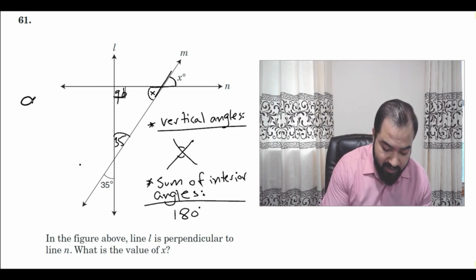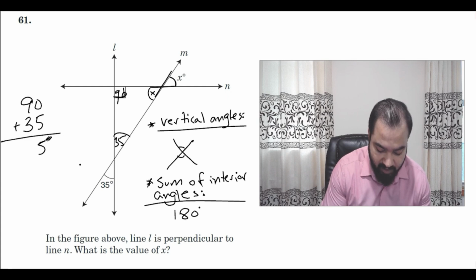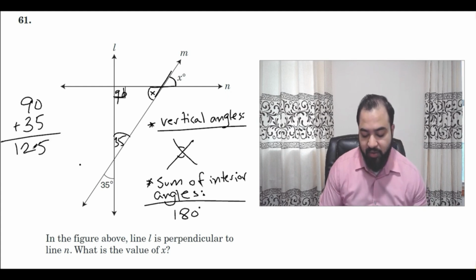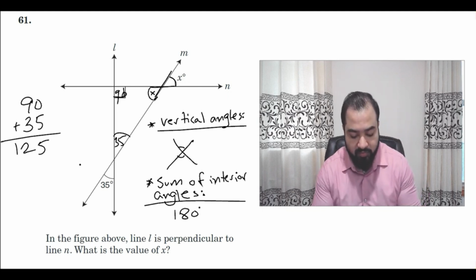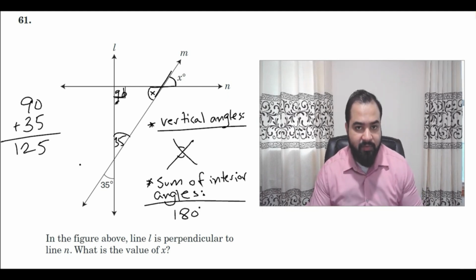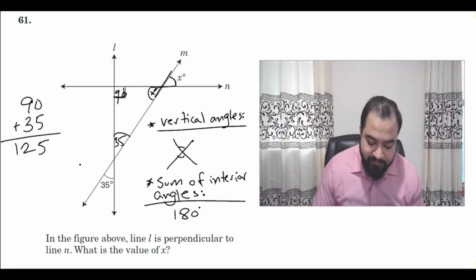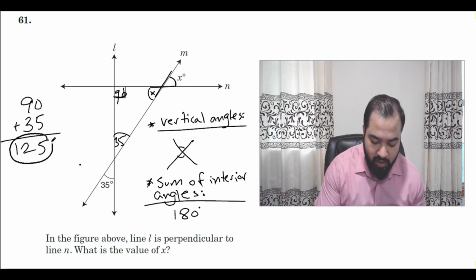So we have a 90 and a 35, which we add, we get a 5, and 9 plus 3 is 12. So 125 already. So how do we find x, the third angle? Remember, one of the angles is 90, another one is 35, the third one is x. That's the one missing, and that's what we're looking for. The two of them, 90 and 35, add up to 125.